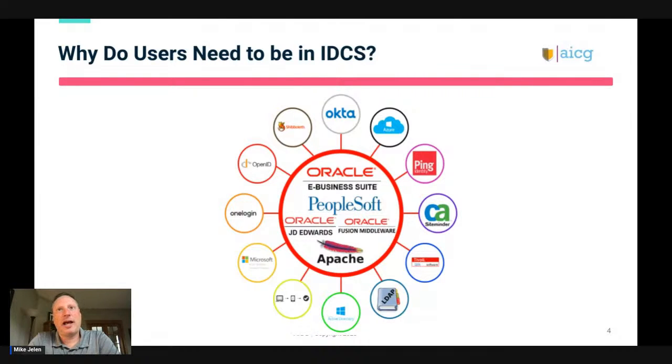You may be leveraging Okta, SiteMinder, Tivoli, OpenID, lots of different LDAPs, but each of these LDAPs has the ability to connect into your Oracle Cloud and to leverage that single source of authentication throughout your organization.